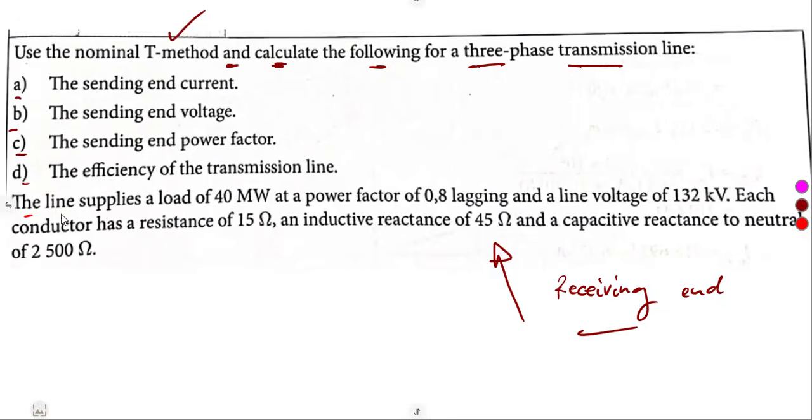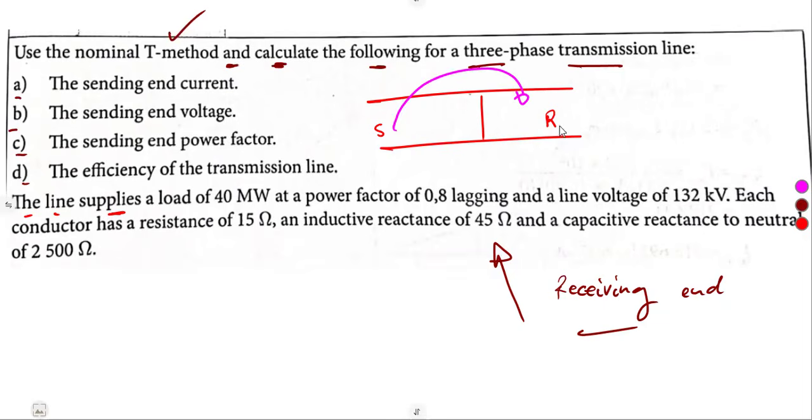They told us that the line supplies a load of 40 megawatts. It supplies from where we have got the sending and also the receiving side. So where it is supplying is to the receiving end. So this power that we are given is of the receiving end.